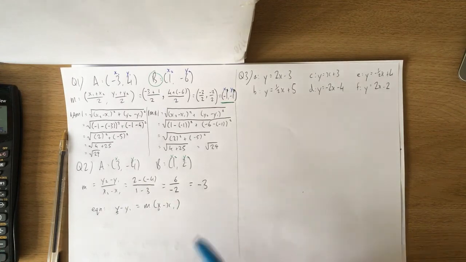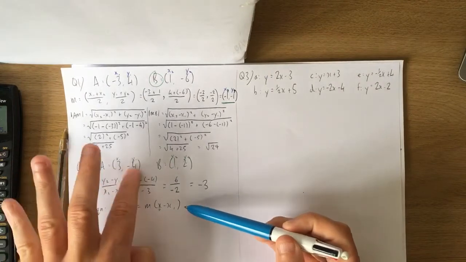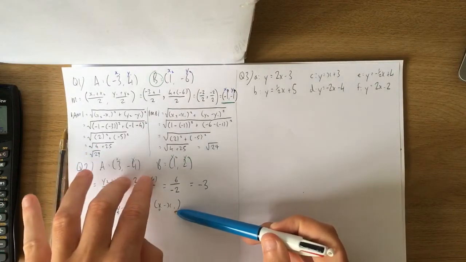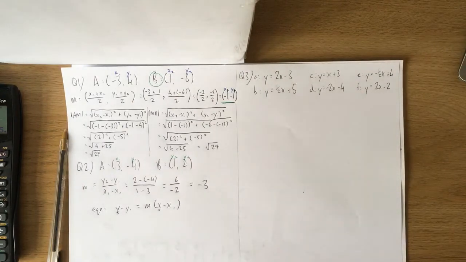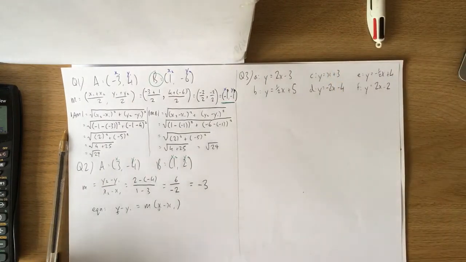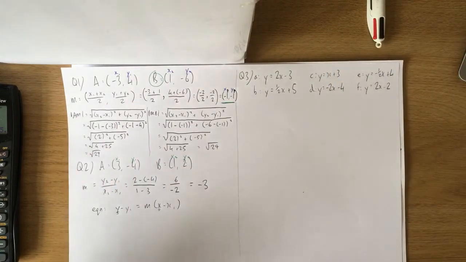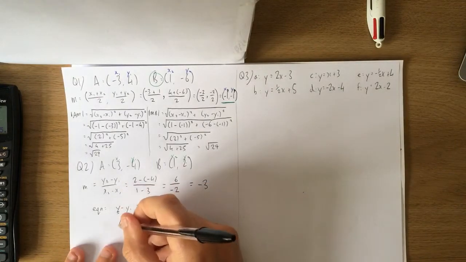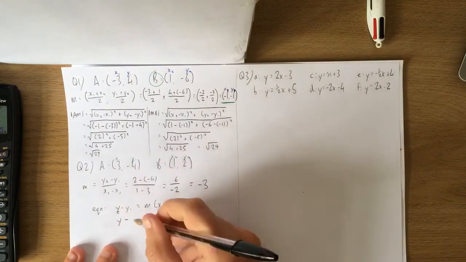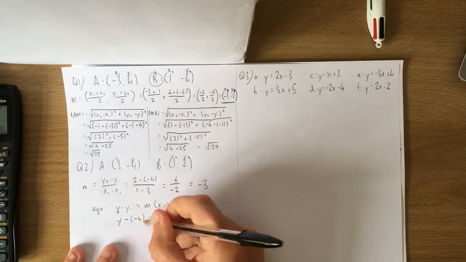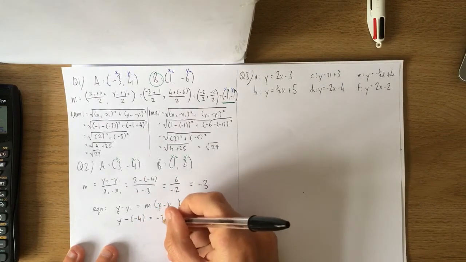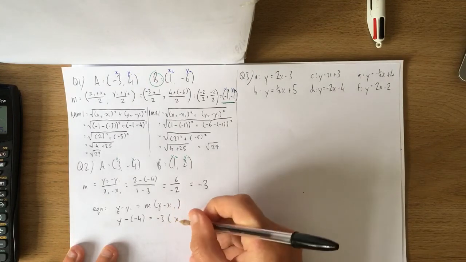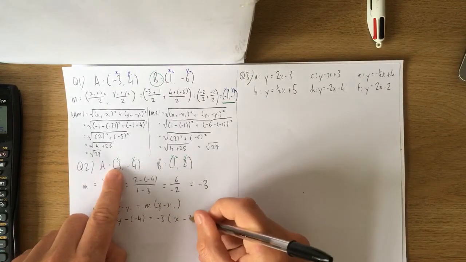All right, so I've already called this x1, y1, so I'll use that as my x1, y1. I could, if I want, use this, and it will still give me the same equation of a line. All right, but I've already called those x1, y1, so I'll use those ones. So y minus y1 is minus 4 is equal to m, my slope is minus 3 on x minus x1, so x minus 3.